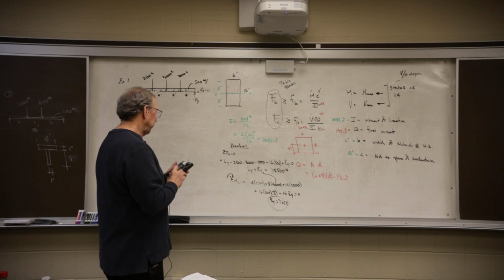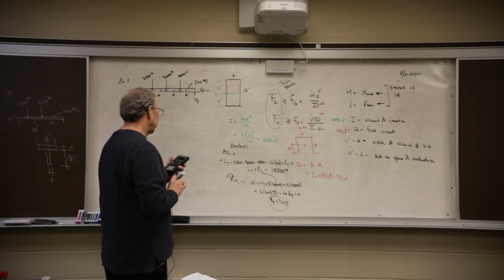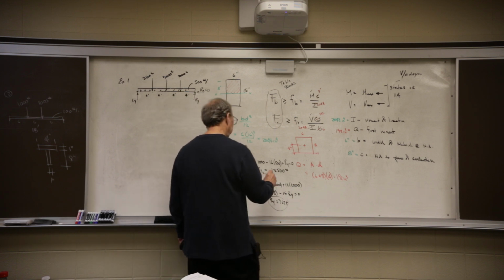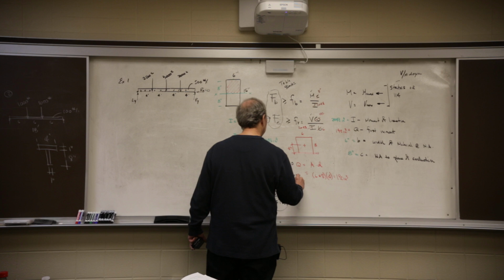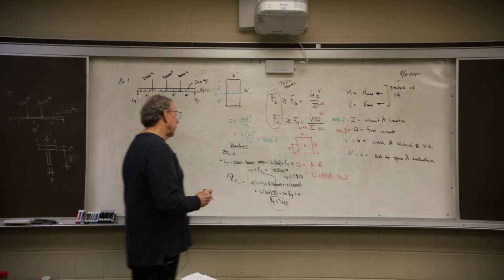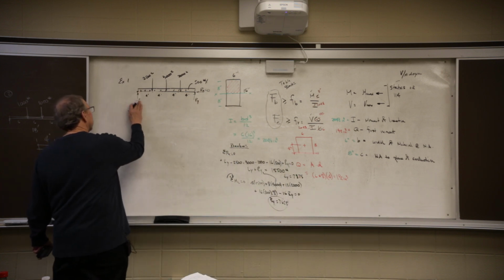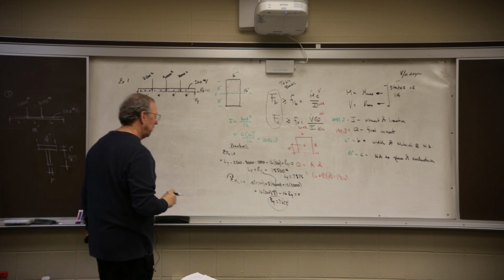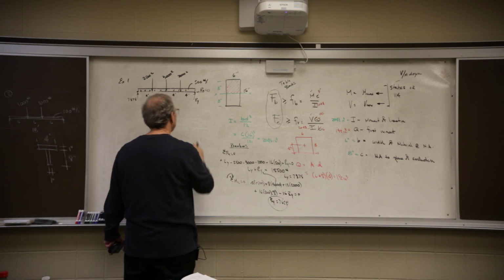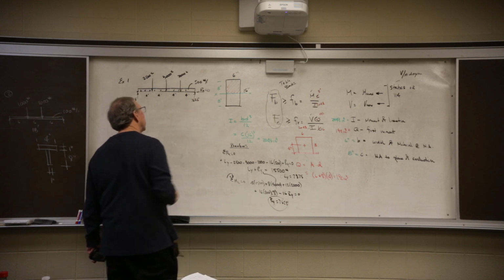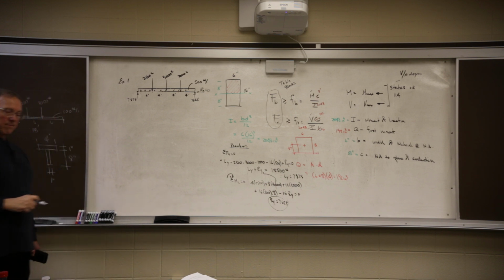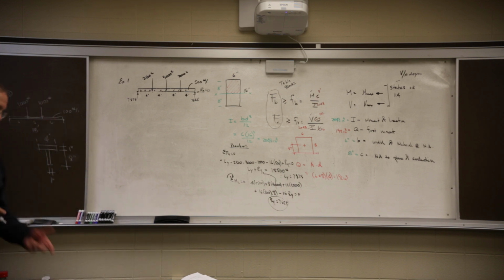I subtract that from 15.5 and I get 7.875. Therefore, LY equals 7.875. So I come over here and put 7.875 right here, and I come over here and put 7.625 right here. Okay, my reactions are done.